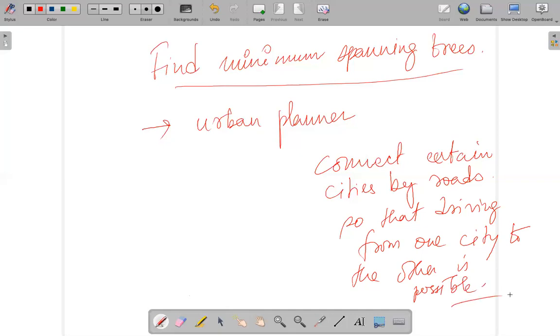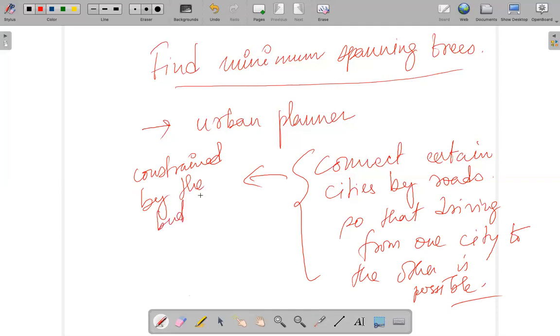However, in order to achieve this objective, the urban planner is constrained by budgetary restrictions.